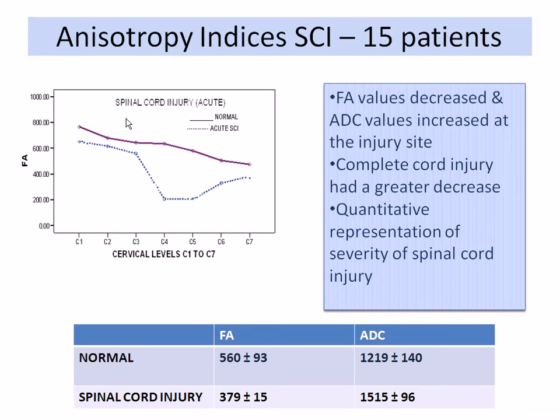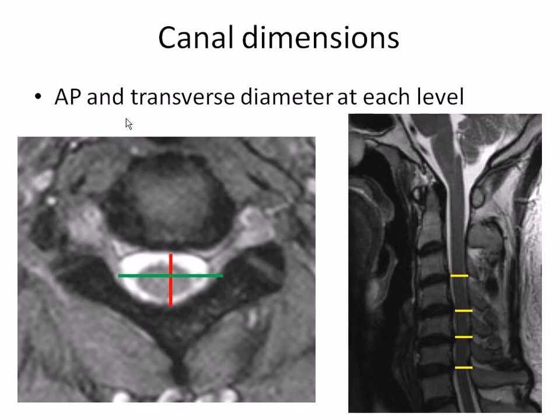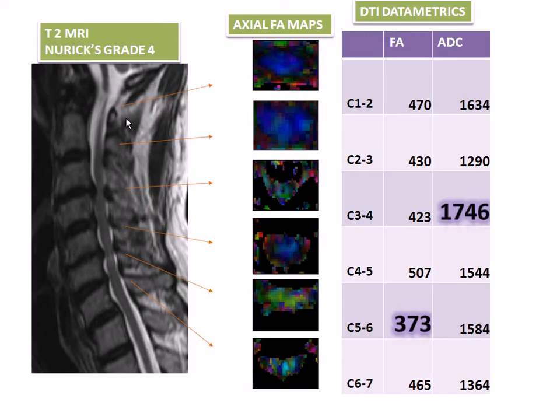Now you find here that in the first study we did in spinal cord injury, wherever there is an injury, there is a complete dip. And we were also able to show that the patients who did not fully recover had the same maintained dip. Now, we also found it has additional value in cervical spondylotic myelopathy.